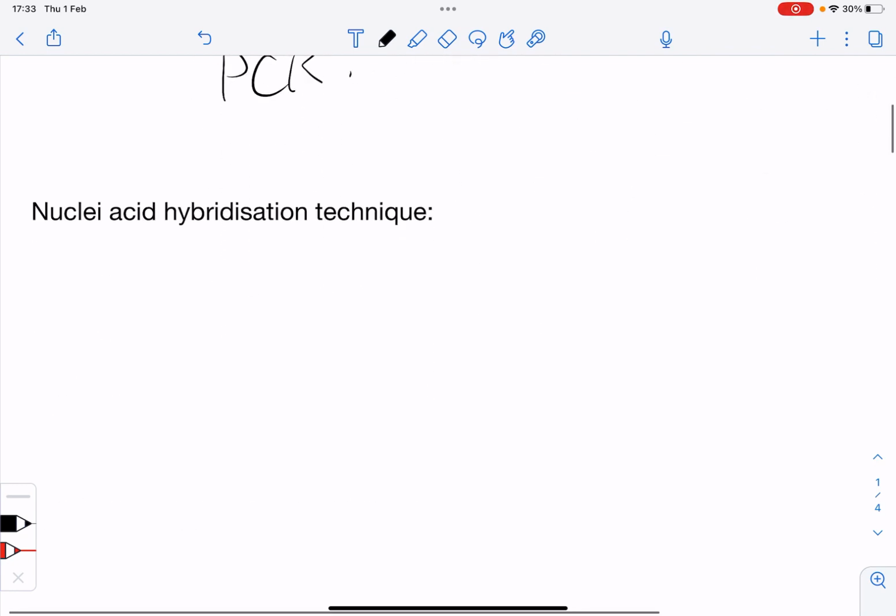Nucleic acid hybridization technique. Nucleic acid and hybridization come hand in hand, they work together simultaneously. Nucleic acid hybridization is a technique crucial for identifying the presence of nucleic acids with specific base sequences.